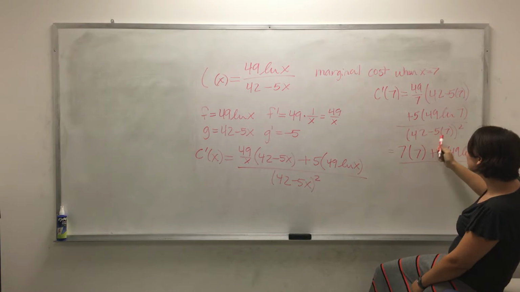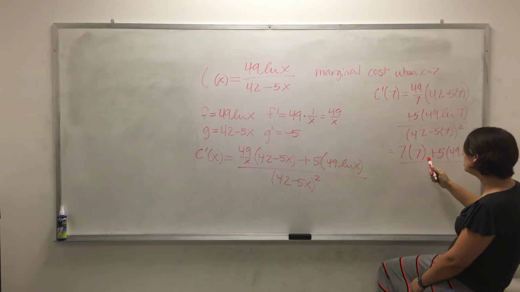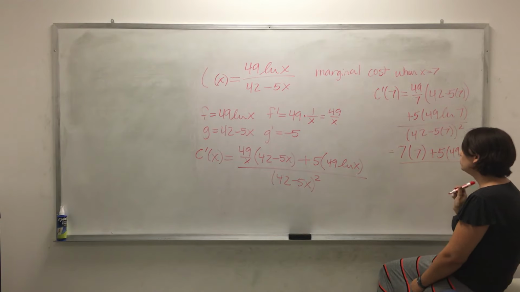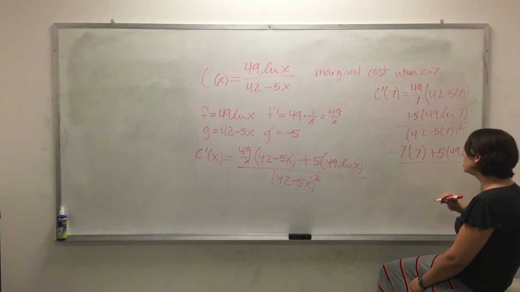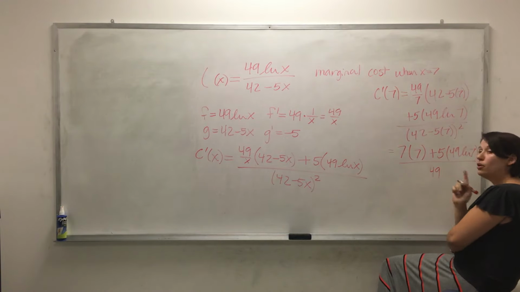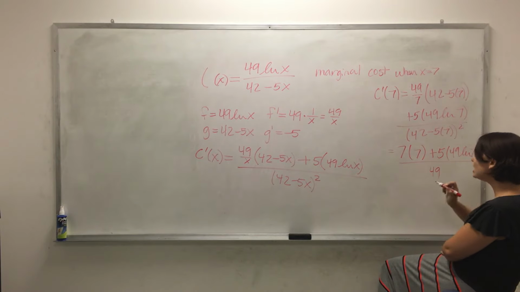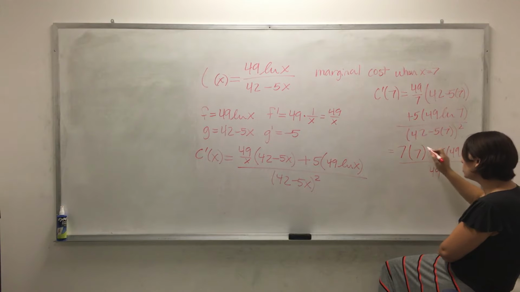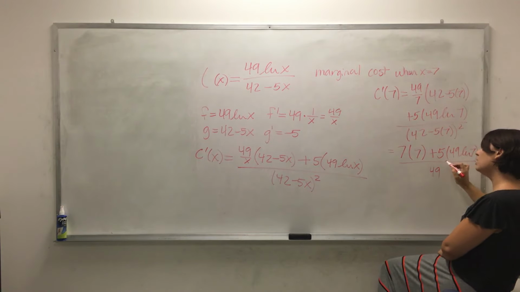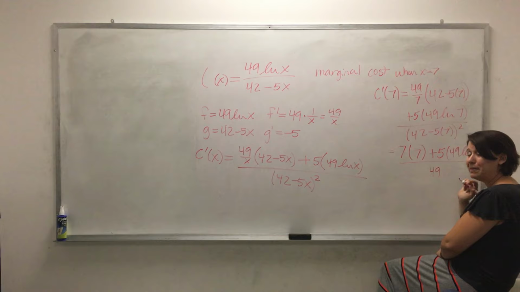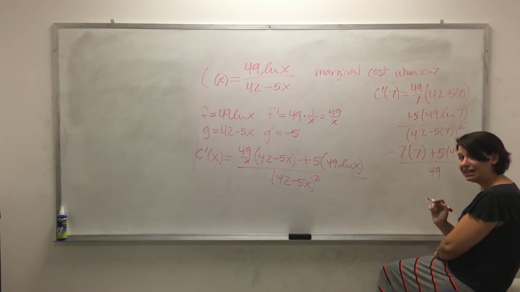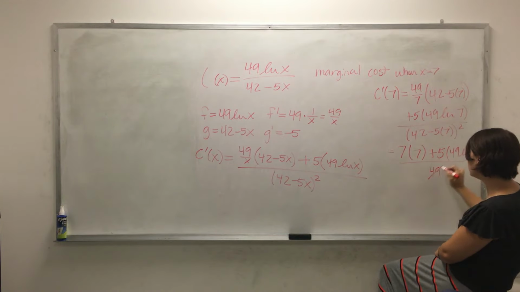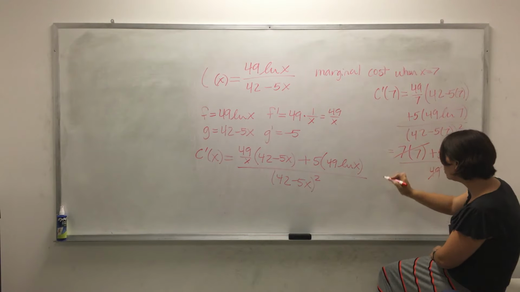Over, we already calculated this. We know that it was 7. So then we have 7 squared. 7 squared is 49. Notice here, we have 49 in every term because 7 times 7 is 49. So 49 here, 49 here, and 49 here. Because it's in every term, we can cancel. Cancel the 49, the 49, and the 49.